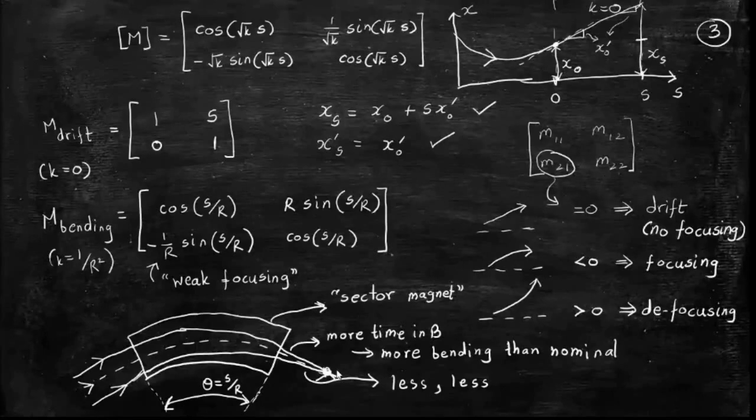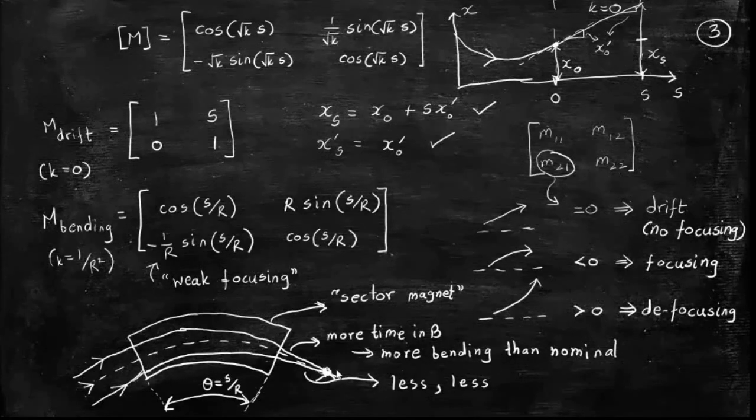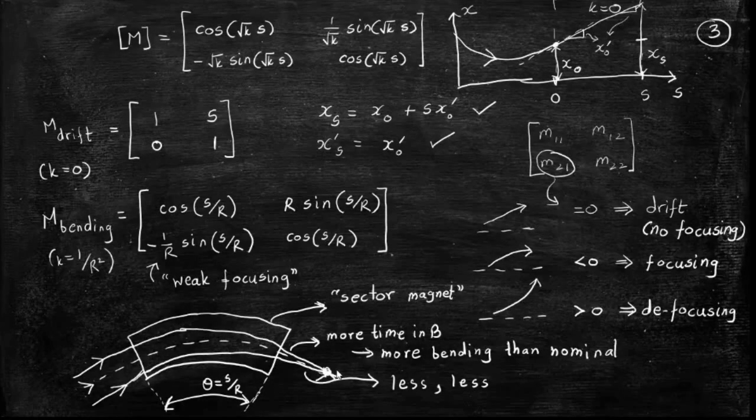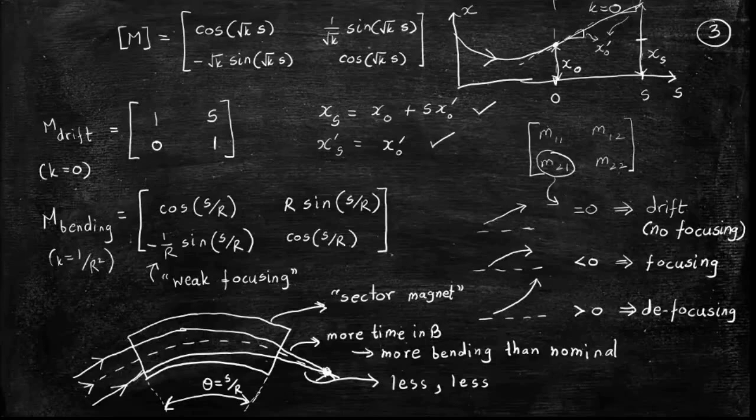Accordingly, we studied the drift region where there is zero focusing or defocusing, just drift, and the bending magnet where it gives a slight amount of positive focusing, and we have seen the physical reason for that in the figure. Is it okay so far? Any questions, doubts, comments at this point of time?